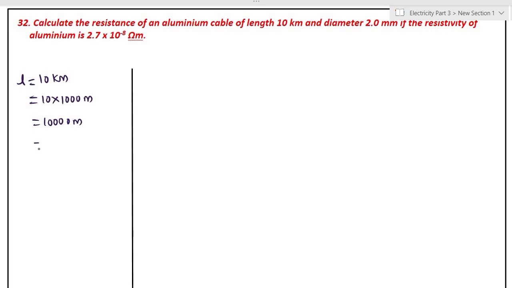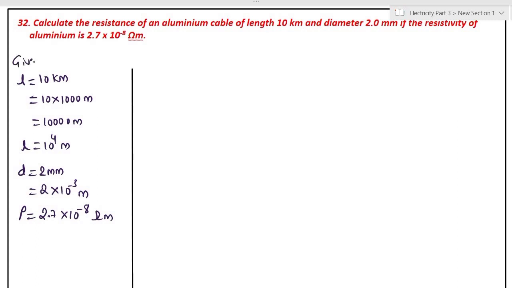It can be written as 10 to the power 4 meter, and its diameter is 2 millimeter. It can be written as 2 into 10 to the power minus 3 meter, because 1 millimeter is equal to 10 to the power minus 3 meter, and the resistivity is 2.7 into 10 to the power minus 8 ohm meter. This is the given data.